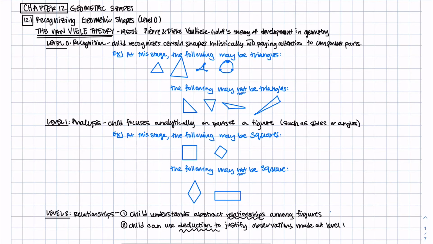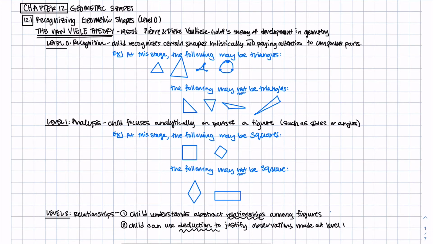Okay, so then moving on to level 1, this is called the analysis level, and an analysis of shapes occurs at this level. This is a refinement of the holistic thinking of level 0, in that the attributes of shapes become explicitly important.